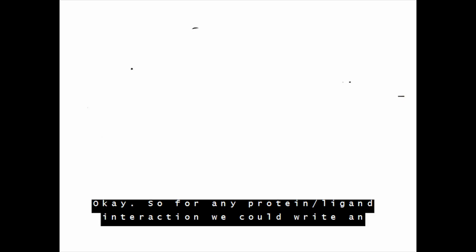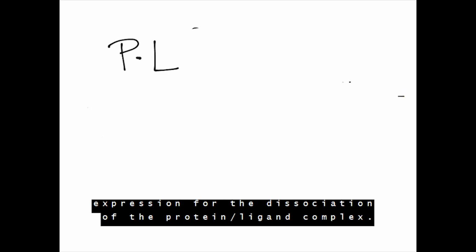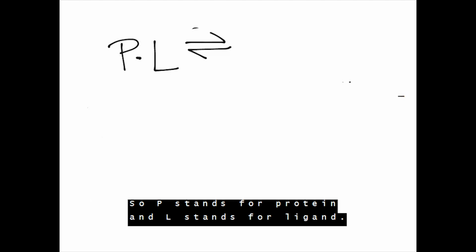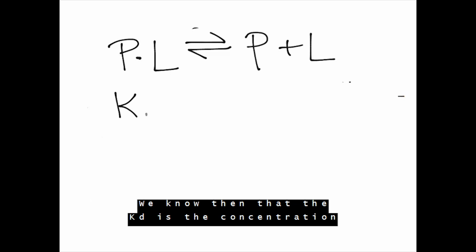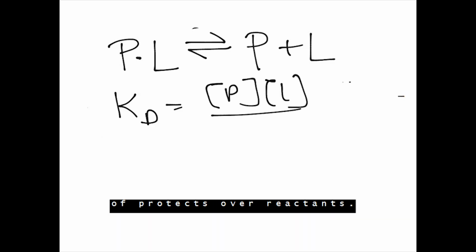Okay, so for any protein-ligand interaction, we could write an expression for the dissociation of the protein-ligand complex. P stands for protein and L stands for ligand. We know then that the KD is the concentration of products over reactants.